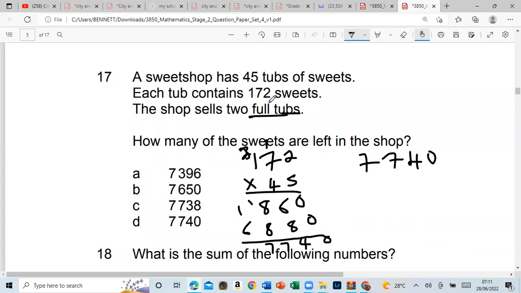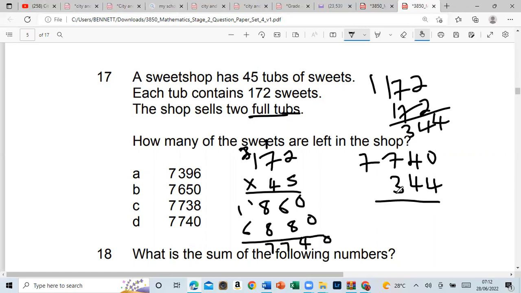Before they sell anything, but they sell 2 tubs, and 172 times 2 makes 344. That's what was sold, 344. Now subtract: 4 from 0 can't, so 10. 4 from 3 can't, so you borrow 1 again. That's a 13. 4 from 13 is 9. 3 from that will be 3. And then 7, so that is 8.